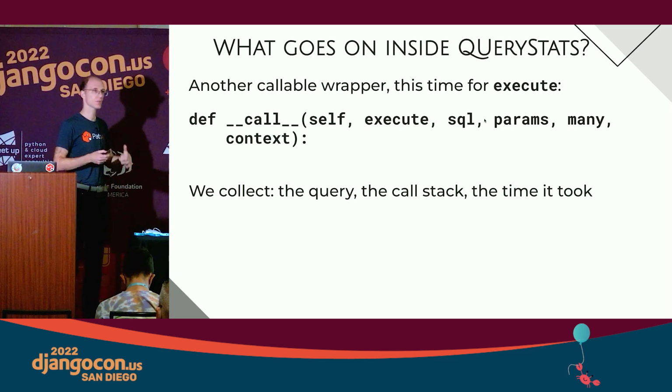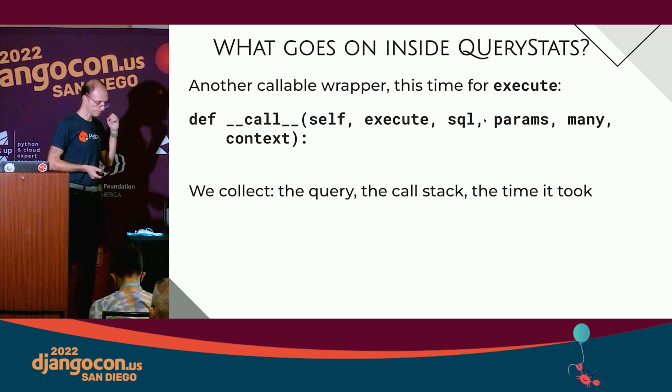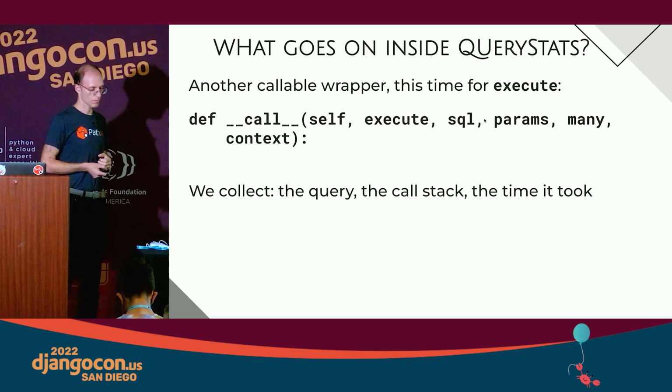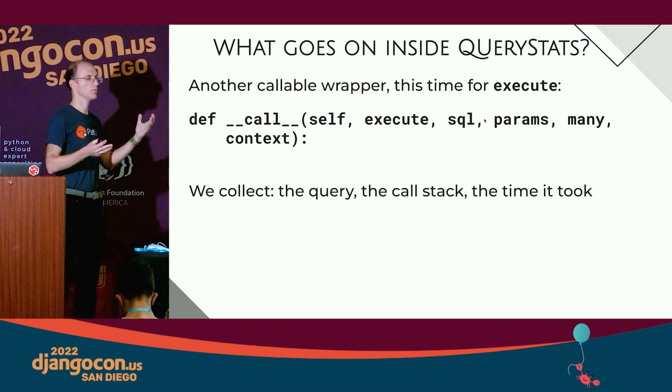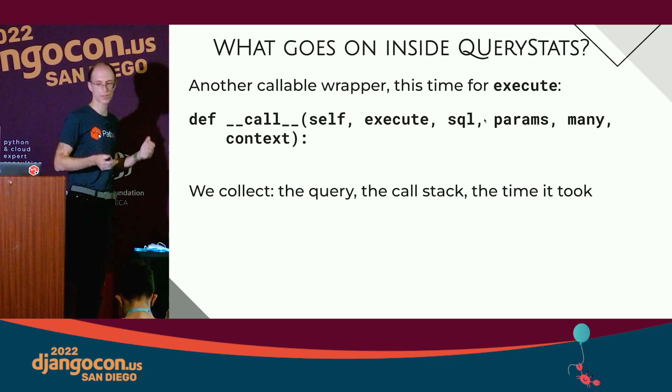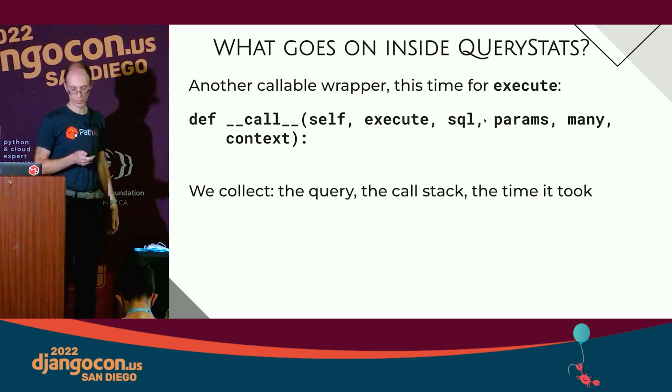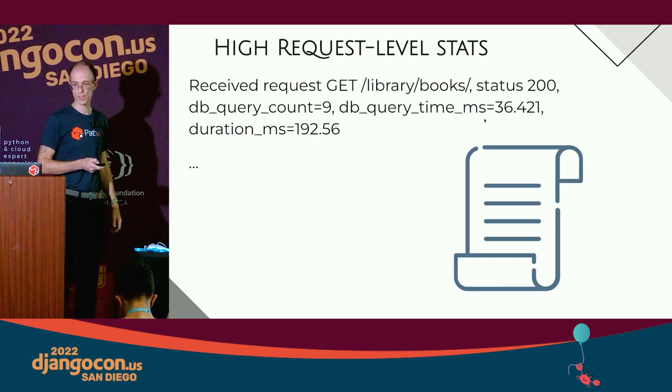And once you collect the stats, you can do all sorts of sorting. For example, prioritize the most frequently called identical query. If you see the same query being called 1,000 times, that's your smoking gun. That's where you want to start looking first.